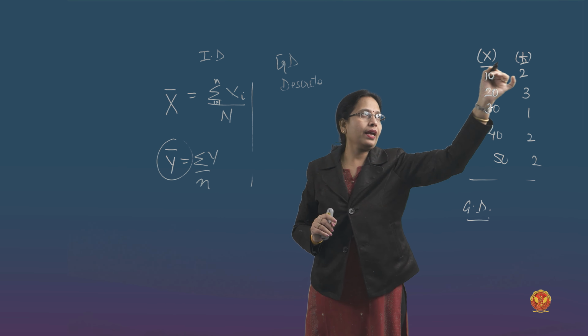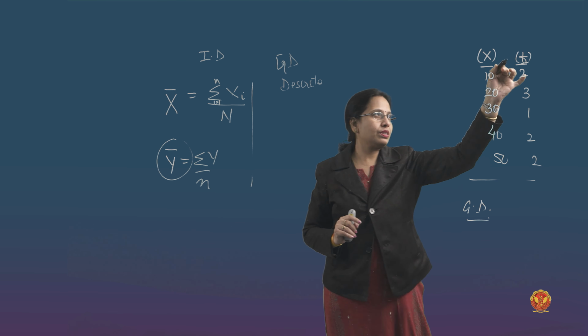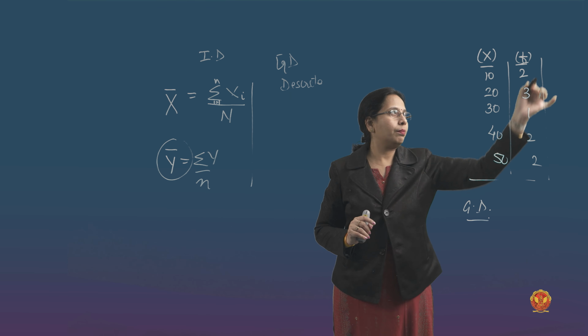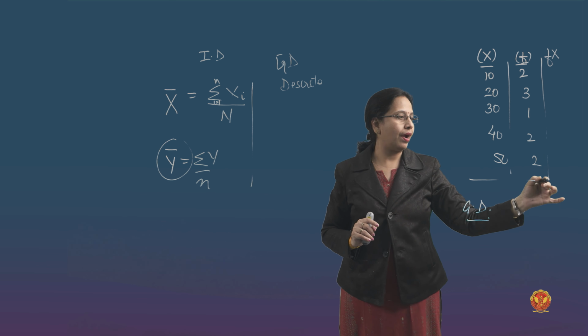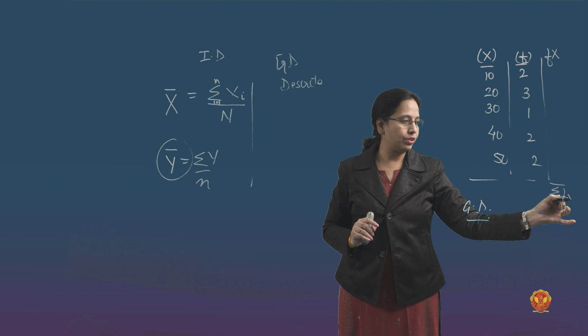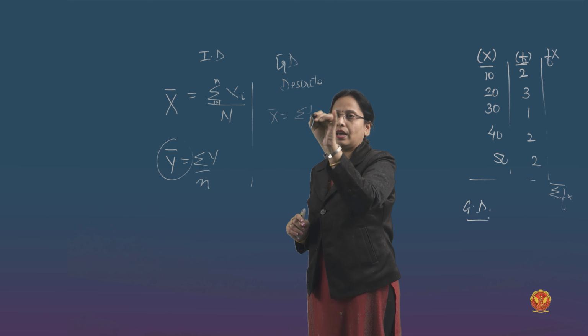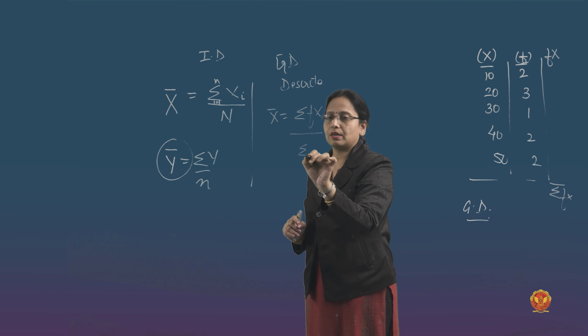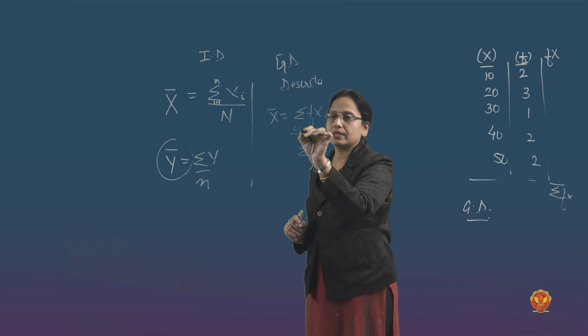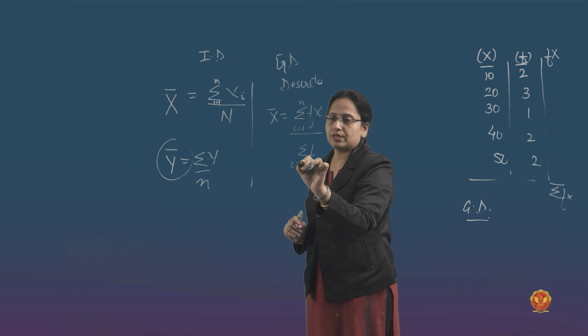This represents x, and this represents f. Simply multiply f with x and find the summation. So the formula is the sum of fx divided by the sum of f, where i goes from 1 to n.